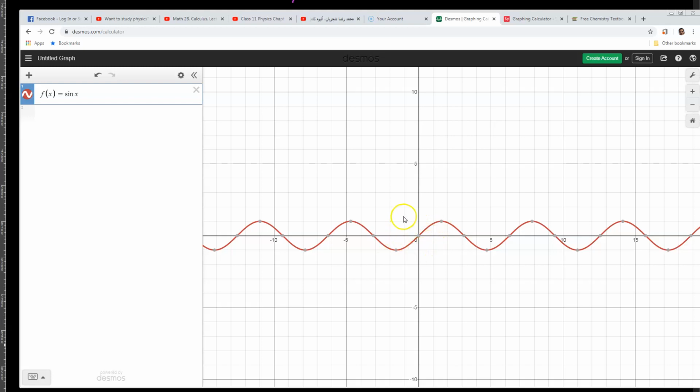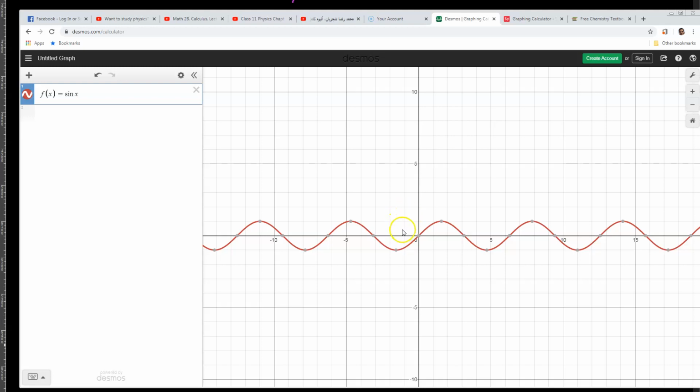And the range is negative 1 to 1, which means that the function is also onto, which means that in that case the inverse of the function does exist.